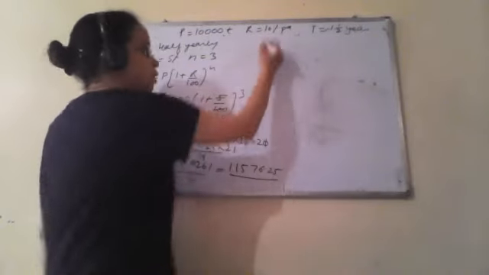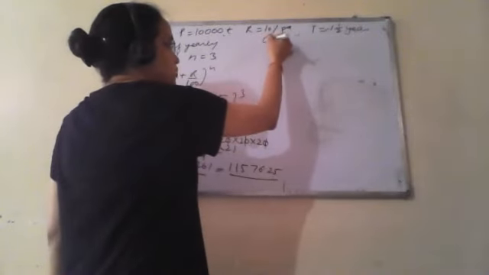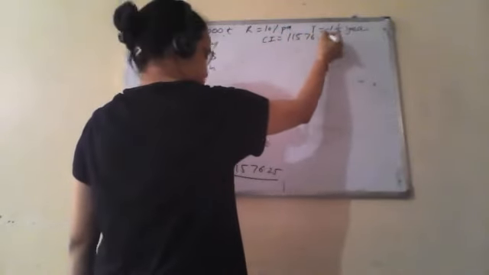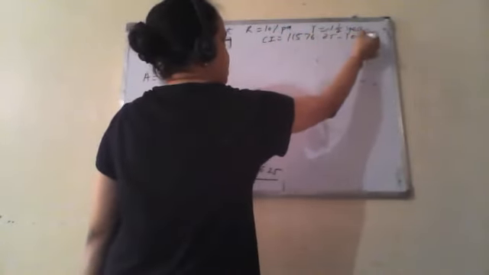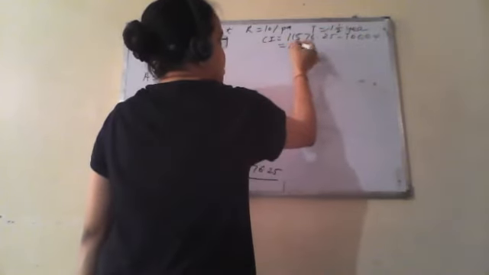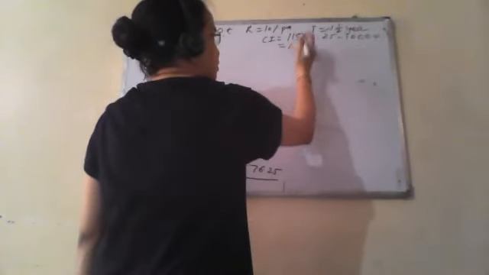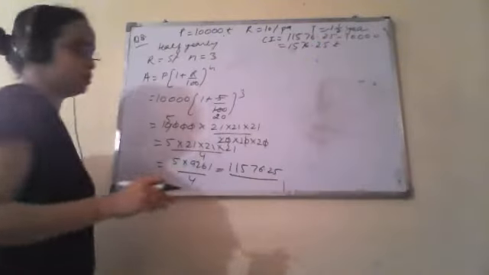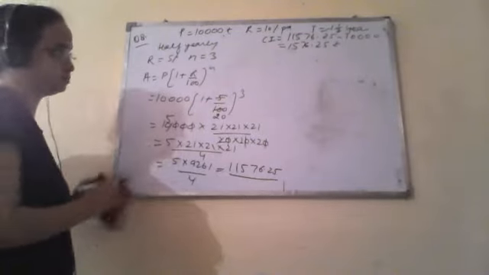What will be the compound interest? It will be 11,576.25 minus 10,000, which is 1,576.25. So this is the case when it has been compounded on a half yearly basis.